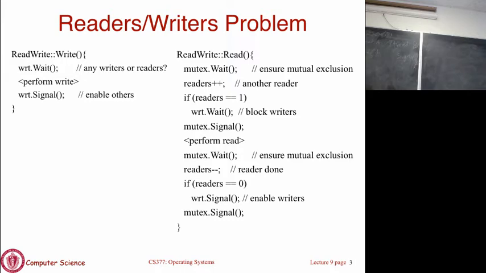So it's not going to block for the same reason as the first reader. But this first reader, which is now blocked here, is holding the mutex lock. So any subsequent reader that arrives is going to hit mutex.wait and is going to block there. So subsequent readers are only going to be allowed to execute once the first reader releases the mutex lock.